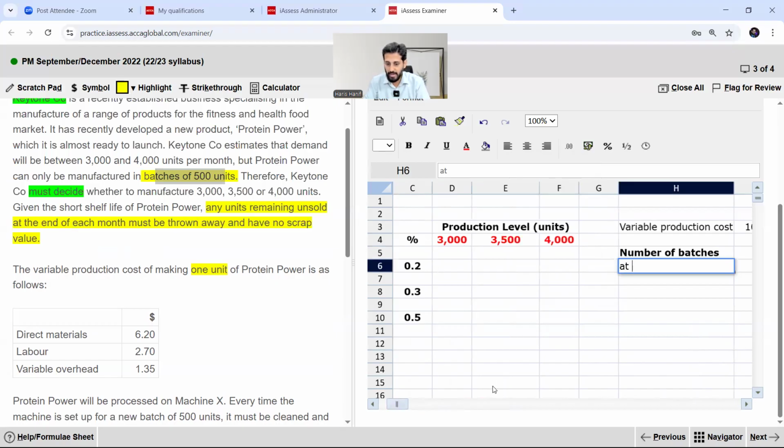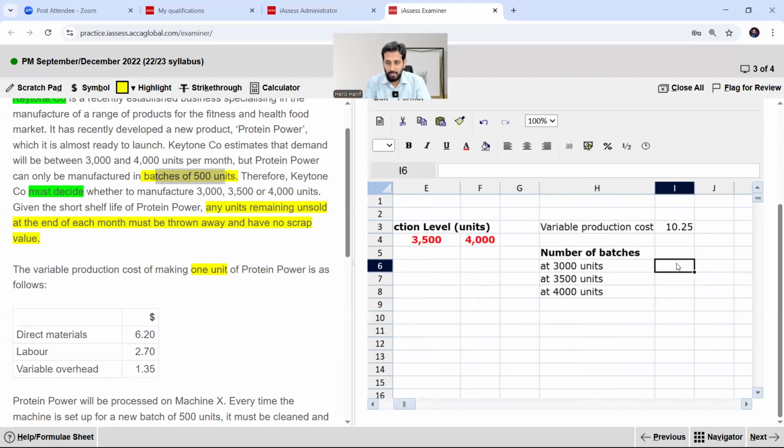So at how many production levels are there? 3000, 3500 and 4000. So at 3000 units, at 3500 units, at 4000 units, right? So number of batches. In one batch, there are 500 units.